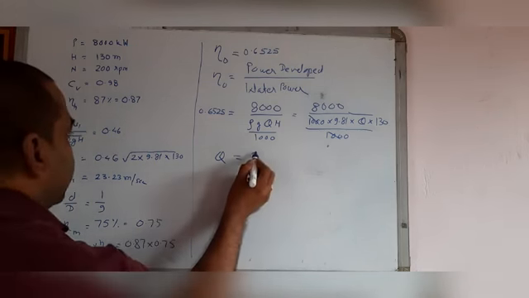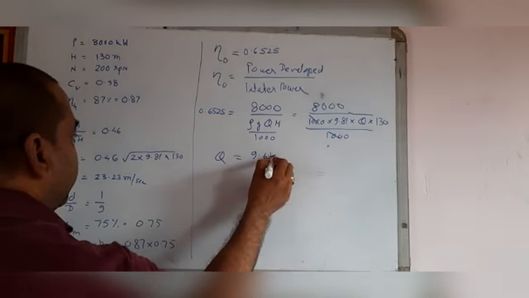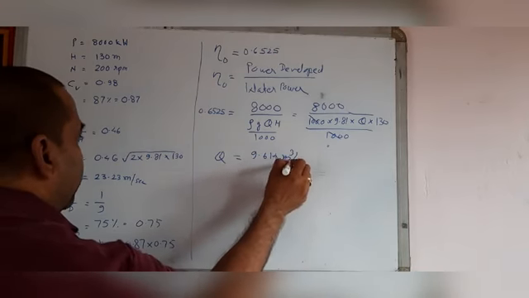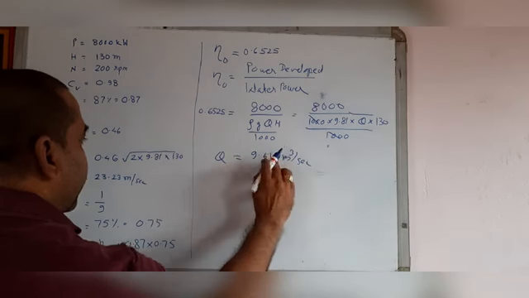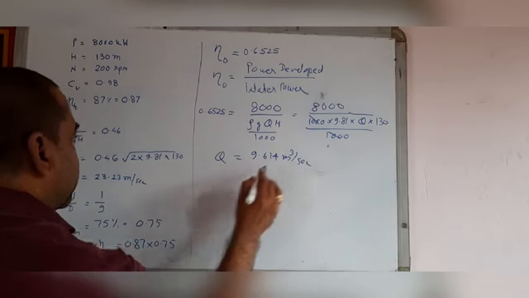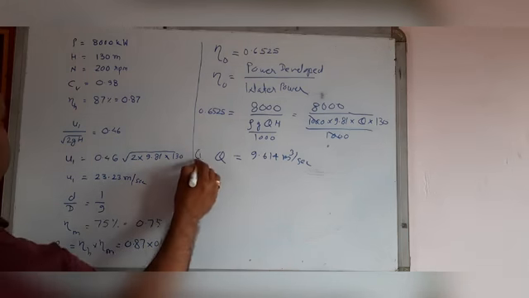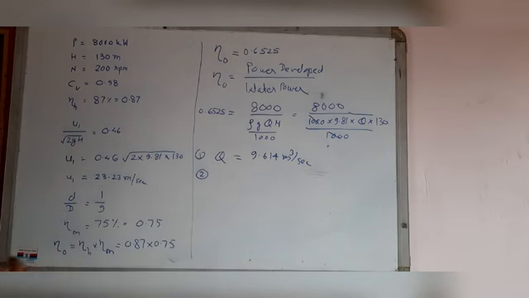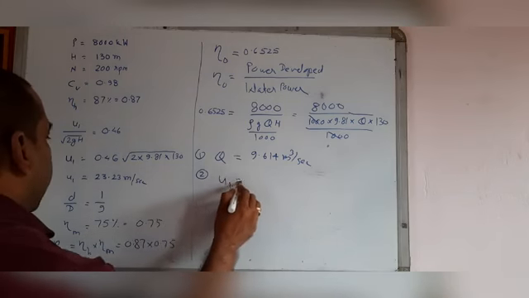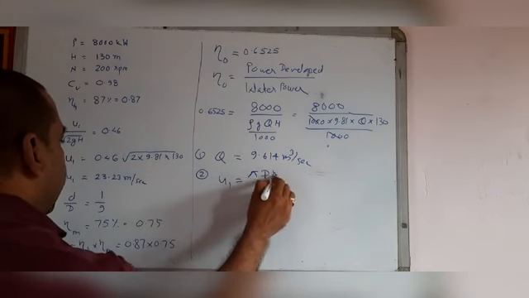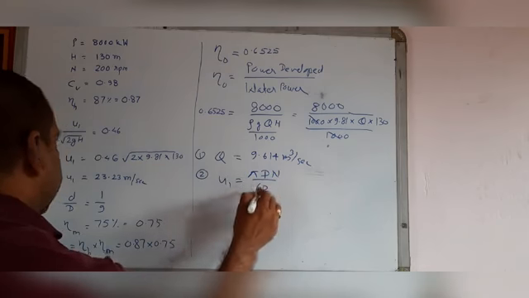From here the value of Q is calculated as 9.614 meter cube per second. This is the discharge. Next we have to find out the diameter of wheel capital D, that is U1 equal to pi D N by 60.